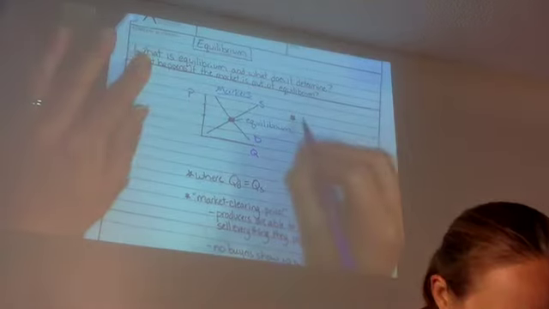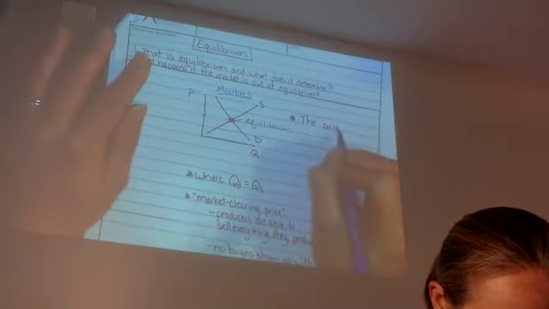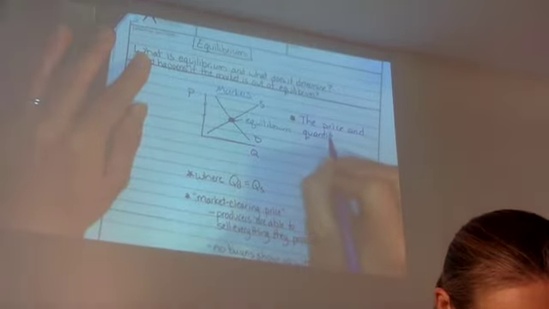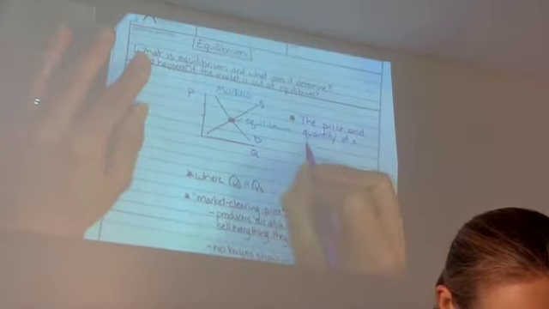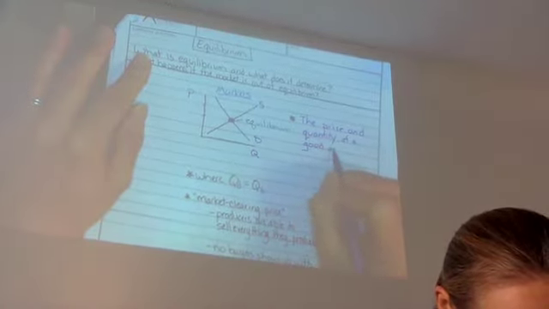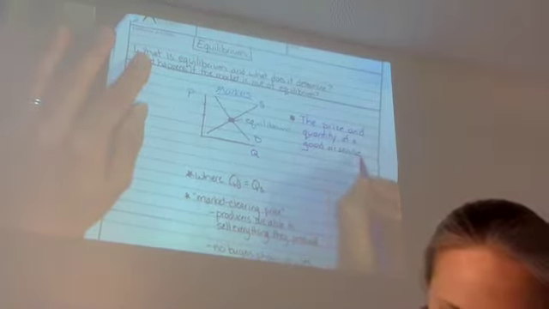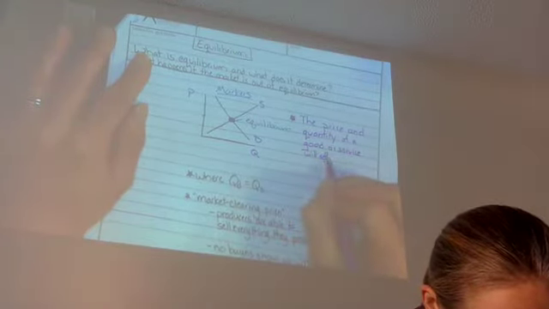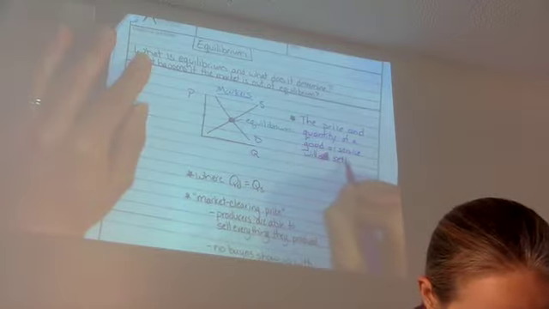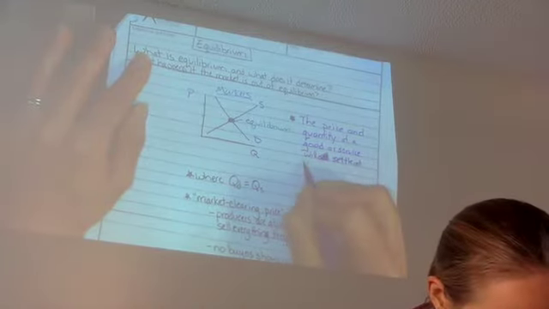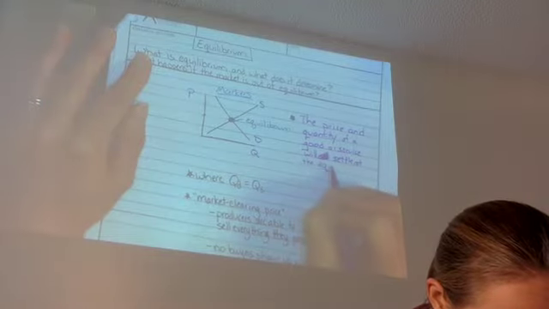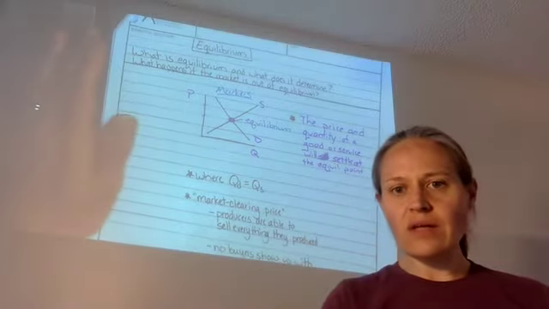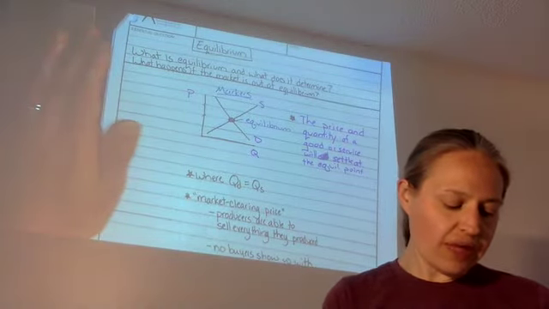So let's write that down. The price and quantity of a good or service will settle at the equilibrium point.